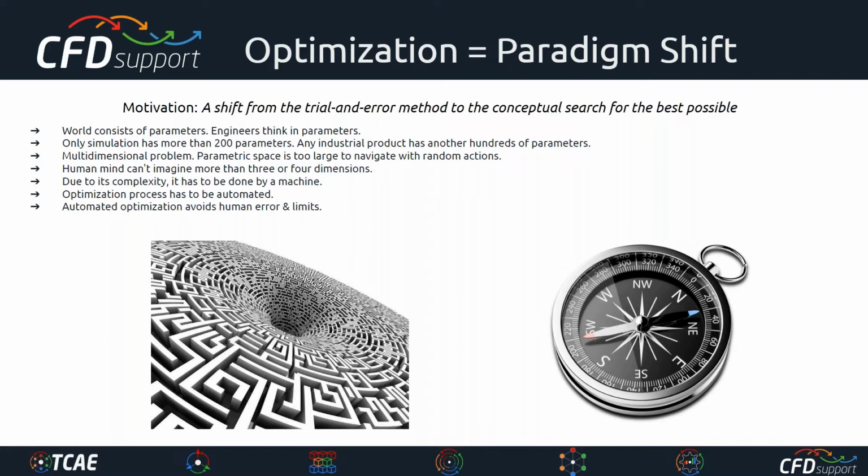And due to this complexity, it has to be done by a machine, right? We have to have a method, we have to have algorithms to do that. We can't do more than 1, 2, maybe 3 dimensions with our manual way of work. So definitely an optimization process has to be involved.